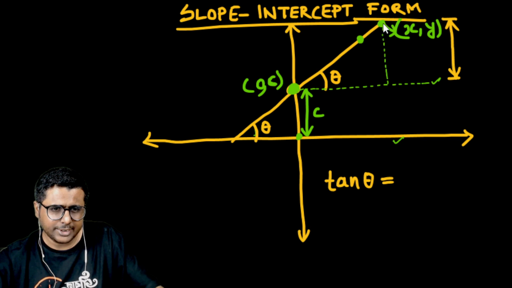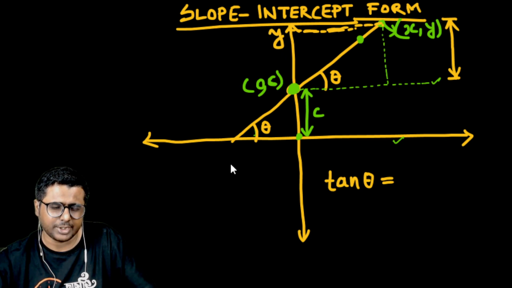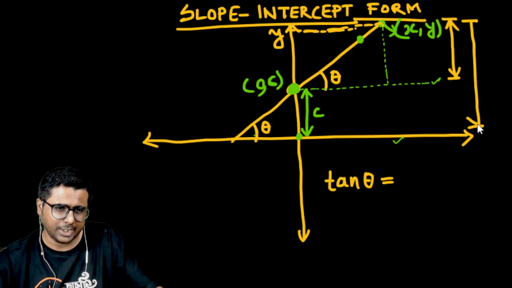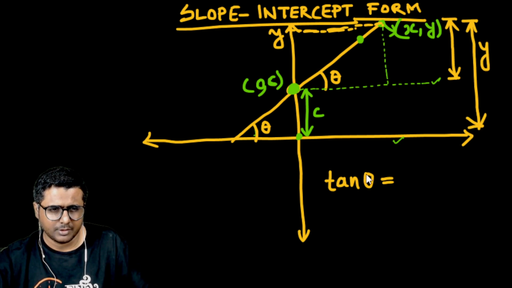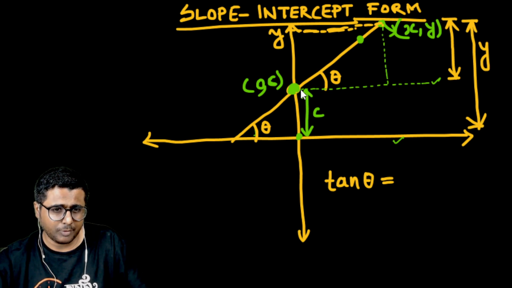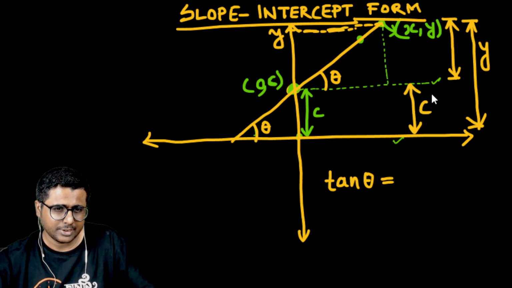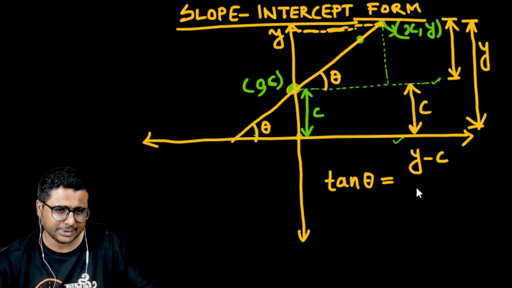This point is y, the y coordinate of this point is y. So the total distance from the x axis over here is y. If the total distance is y and the bottom part, that is this much, is c, then what will be this height? Definitely you have to agree with me, y minus c.